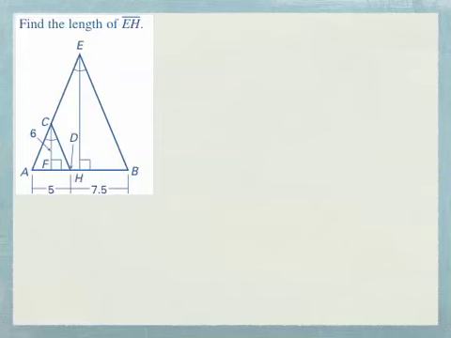We need to set up a proportion of EH, which would be corresponding to CF, which they tell us is 6. And then AD, which is 5, would be corresponding to AB, which we can use the segment addition postulate to say 5 plus 7.5 is 12.5.